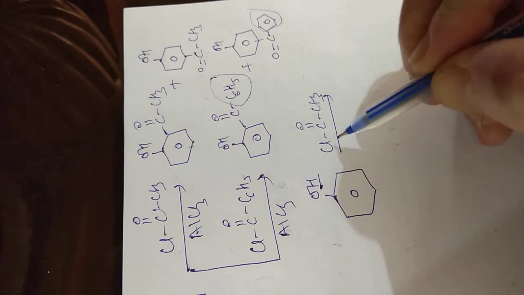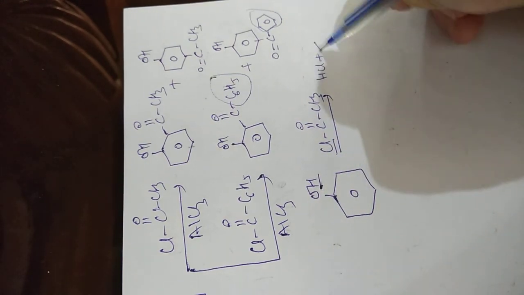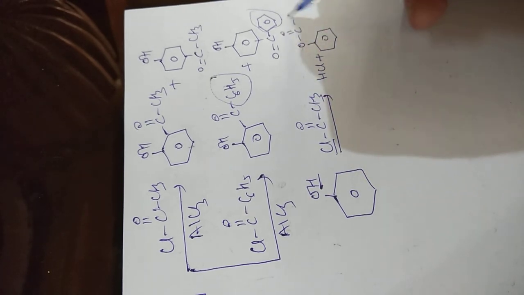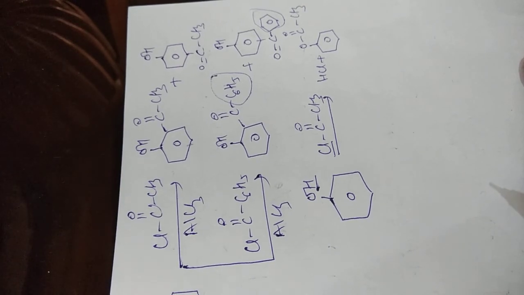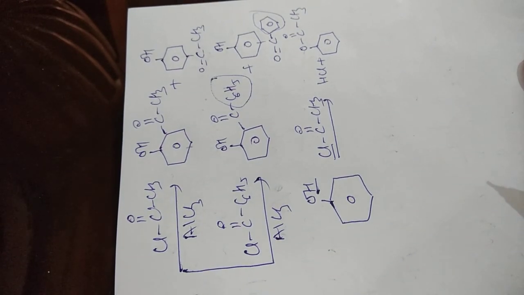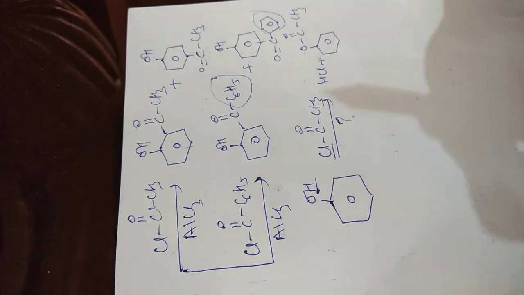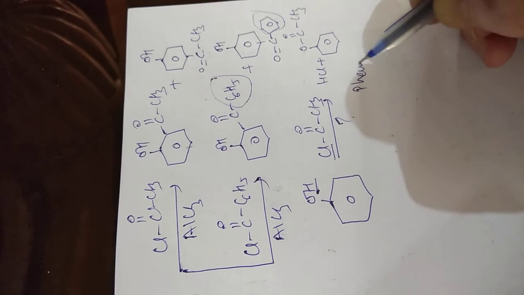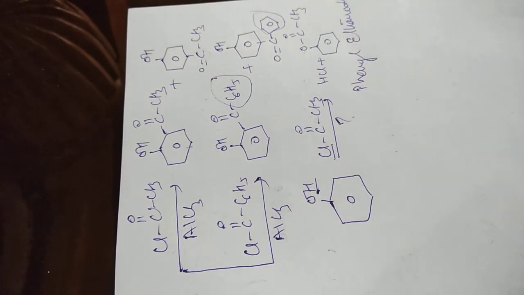Here, in absence of AlCl3, it will lose HCl and a kind of ester will form. Mind it. You can see how important a role is played by anhydrous AlCl3. In absence of anhydrous AlCl3, the ester will form. The name will be phenyl ethanoate.